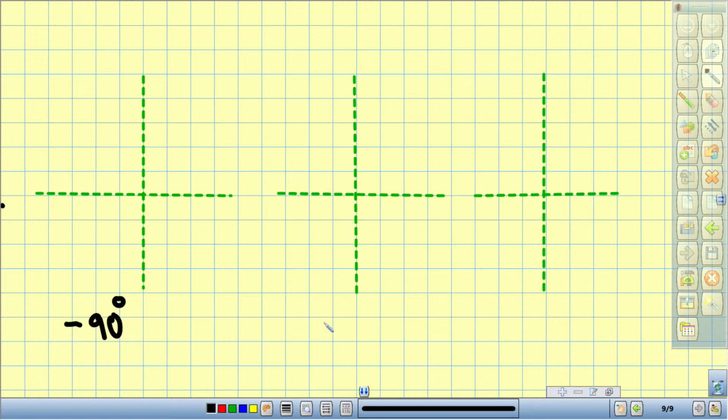And this one, I need a coterminal, another angle of 120.